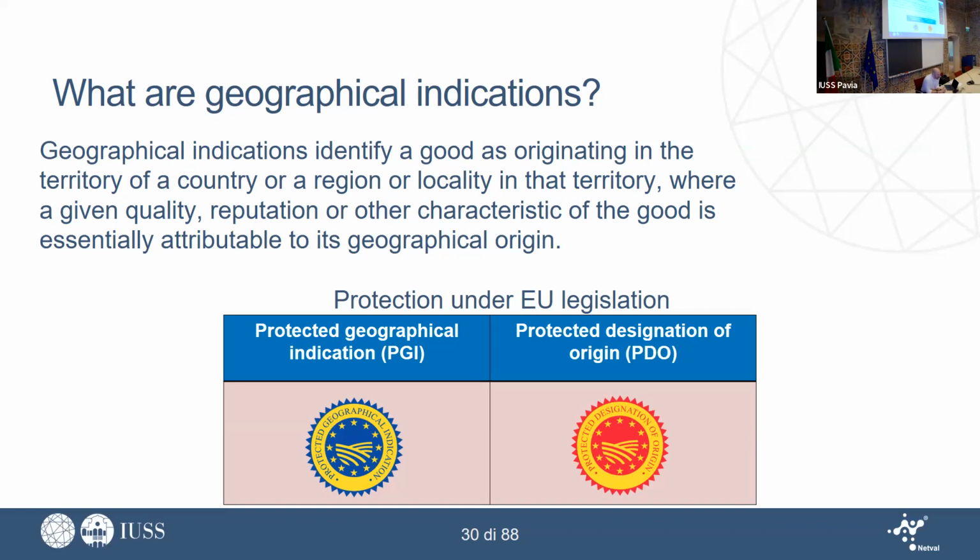Various regulations in Europe allow the registration of geographical terms for wines, spirits, alcoholic drinks, cheese, for example. So not just agricultural products, but also foodstuff, food generally.